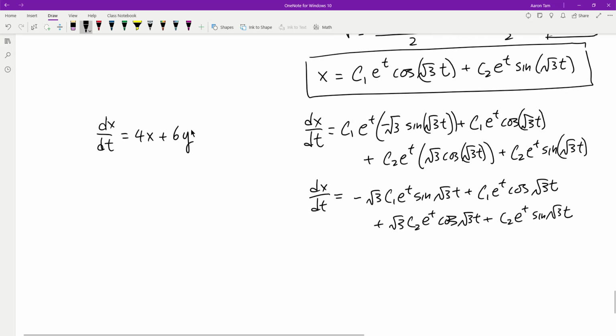So that's a lot of things. Let's see if we can figure this out. That is also equal to 4x plus 6y. So let's write them out.